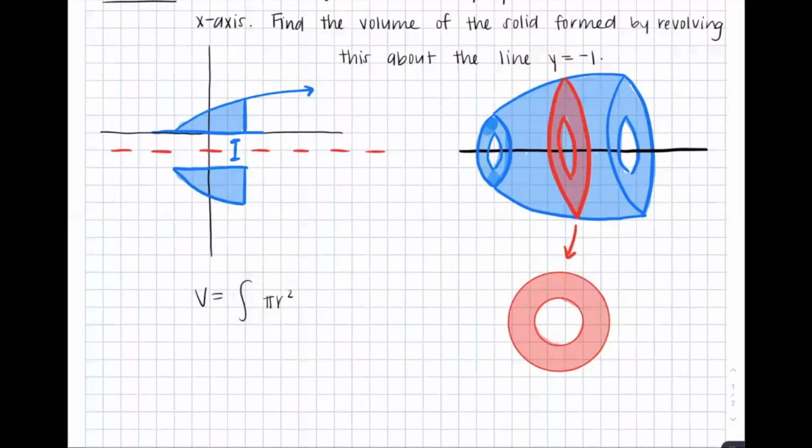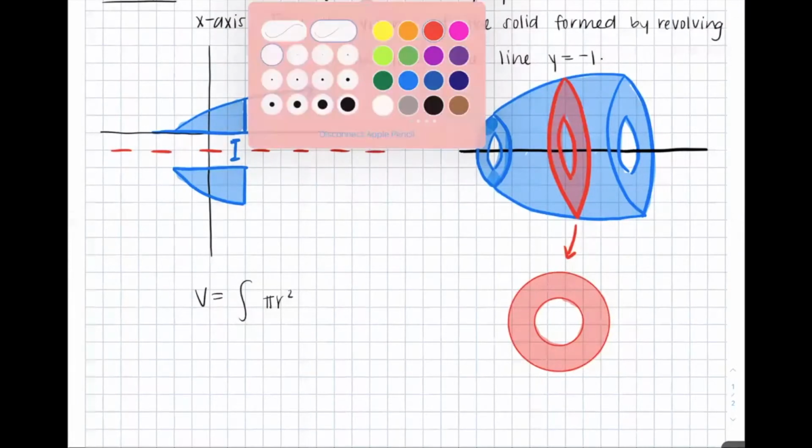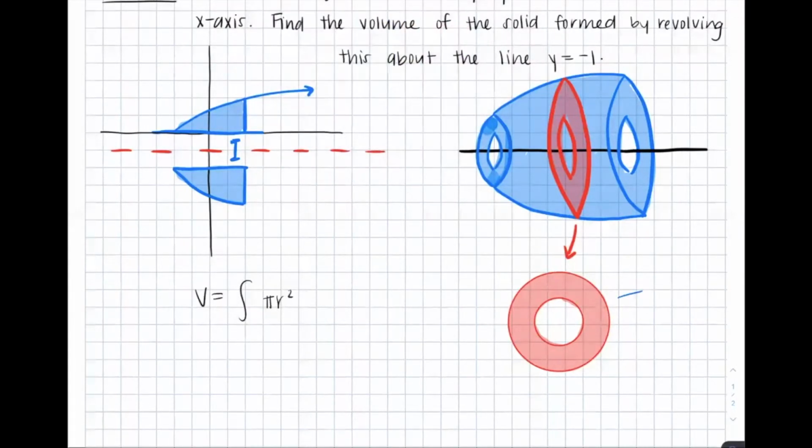Because we just had one circle with one radius, but now how many circles do we have over here? Or I guess in this, yeah, there's 2 circles, right?